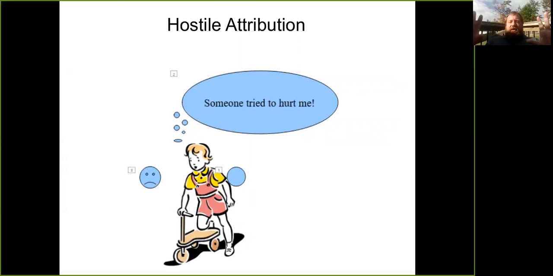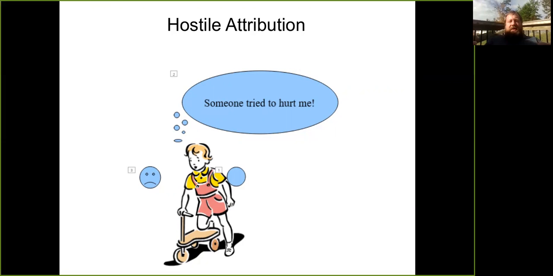Now, younger children, especially 4-year-olds and kindergartners, over-attribute hostility in benign situations. It's almost as if something bad happens, they assume that someone was being mean to them. And that makes sense if you remember that they're egocentric and they have a hard time taking other people's point of view. So if something harms them, they assume it was something bad.